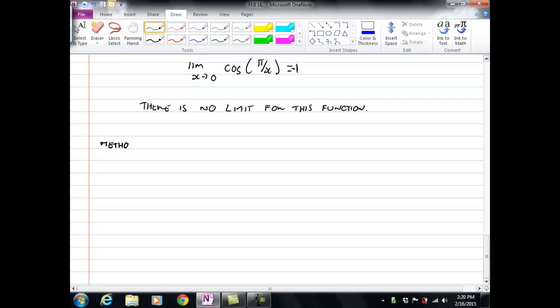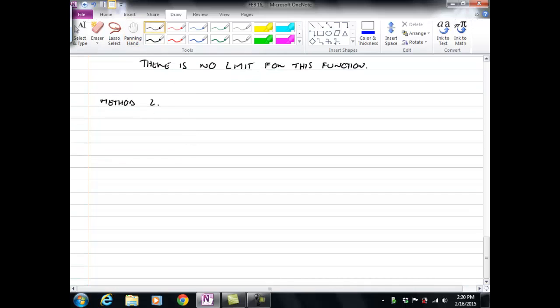Method 2. Because if I just sub in any random number, it works most of the time. But once in a while, there's going to be one of those twisted questions. We're going to break this down into 2 limits. This is called the left-hand limit. I'm going to show you how it's written down. This is going to say lim as x approaches a, but now I'm going to add a little negative sign on top of a.